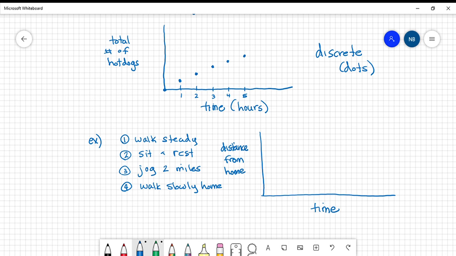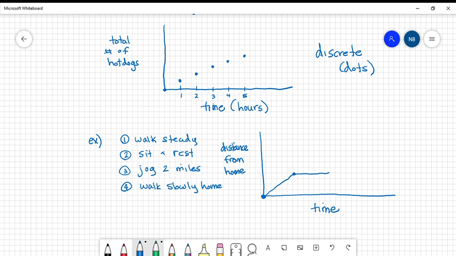All right, now you started out walking from home. So at time 0, you were at home. You walked at a steady pace. That means your distance from home went up steadily. Maybe sort of like that. At some point, you stopped and you rested. Now, does time stop just because you stop? Time does not stop. So your distance from home is going to stay the same the whole time you're resting.